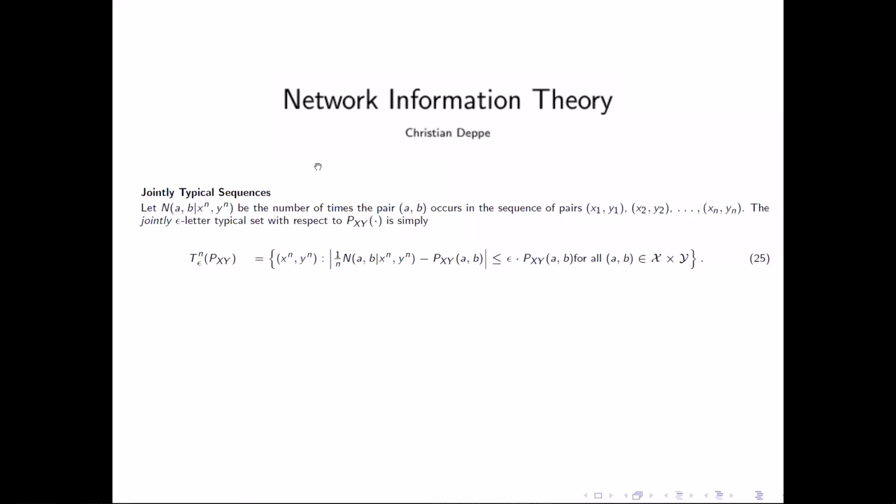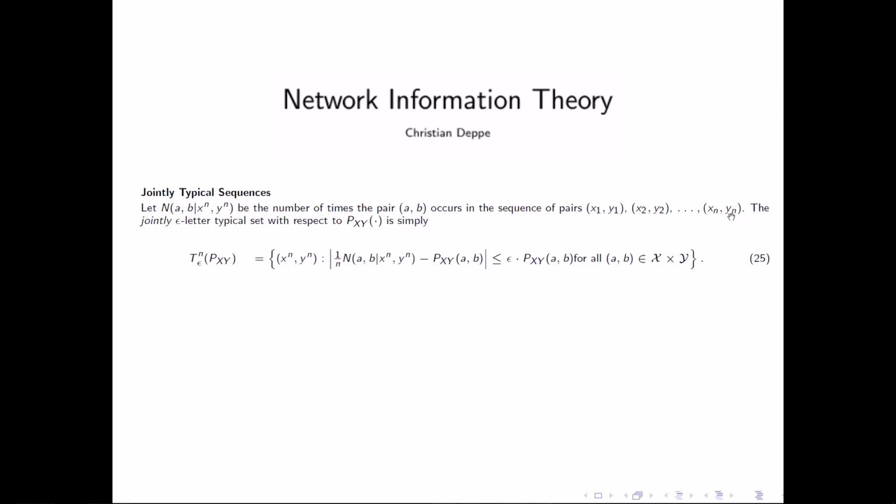Okay, let us define this more formally. By N_AB(x^n, y^n), we denote the number of times the pair AB occurs in the sequence of pairs (x1, y1), (x2, y2), until (xn, yn).